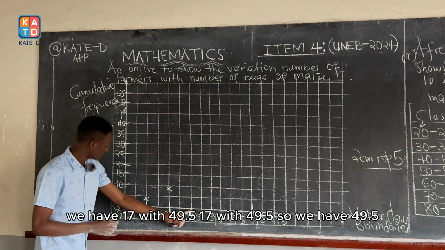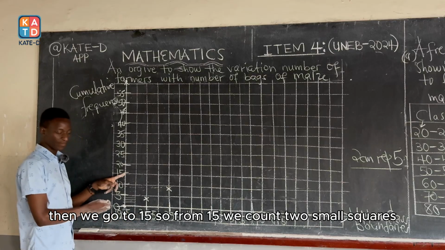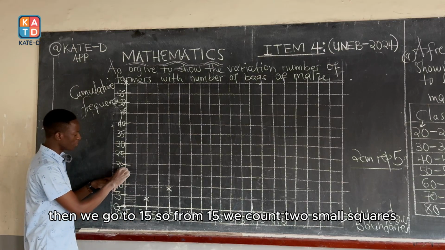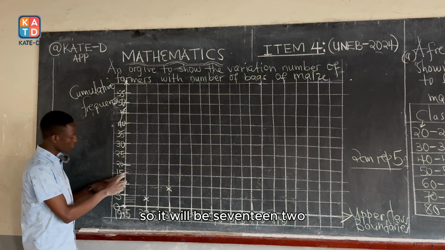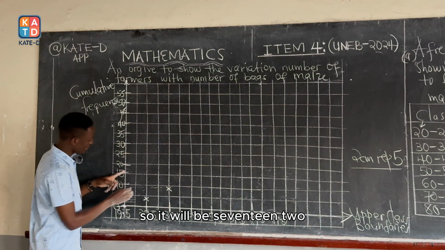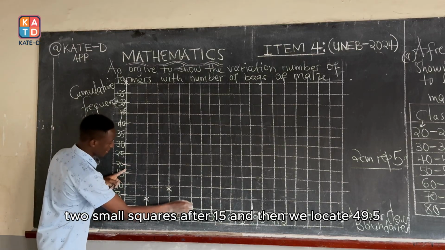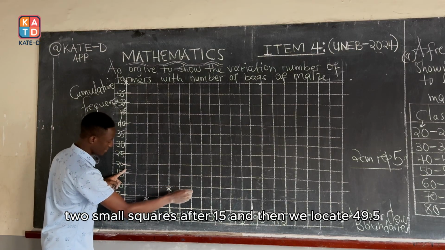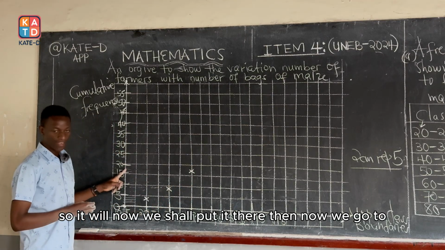So we have 49.5, then we go to 15. From 15 we count 2 small squares. Each small square represents 1 unit. So it will be 17, 2 small squares after 15, and then we locate 49.5. We shall put it there.